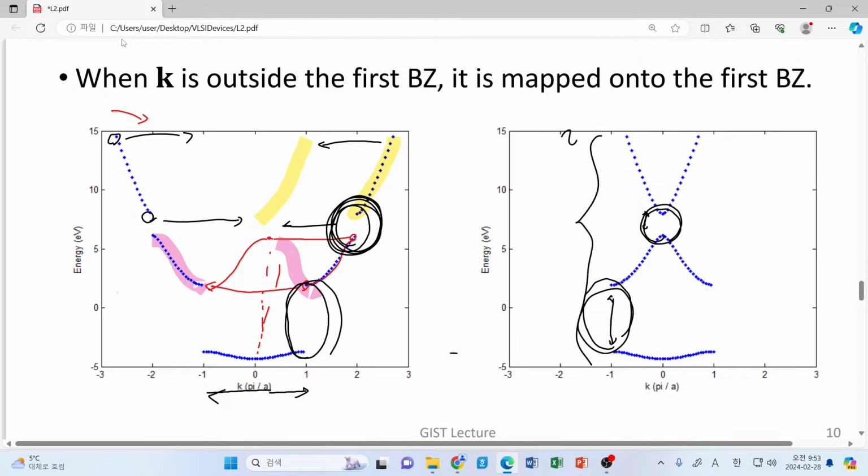So please note that any kind of discontinuity in our E-k diagram comes from the zone boundary of our k space. Only when we map into the first Brillouin zone can that discontinuity occur at an arbitrary position, not just a zone boundary.